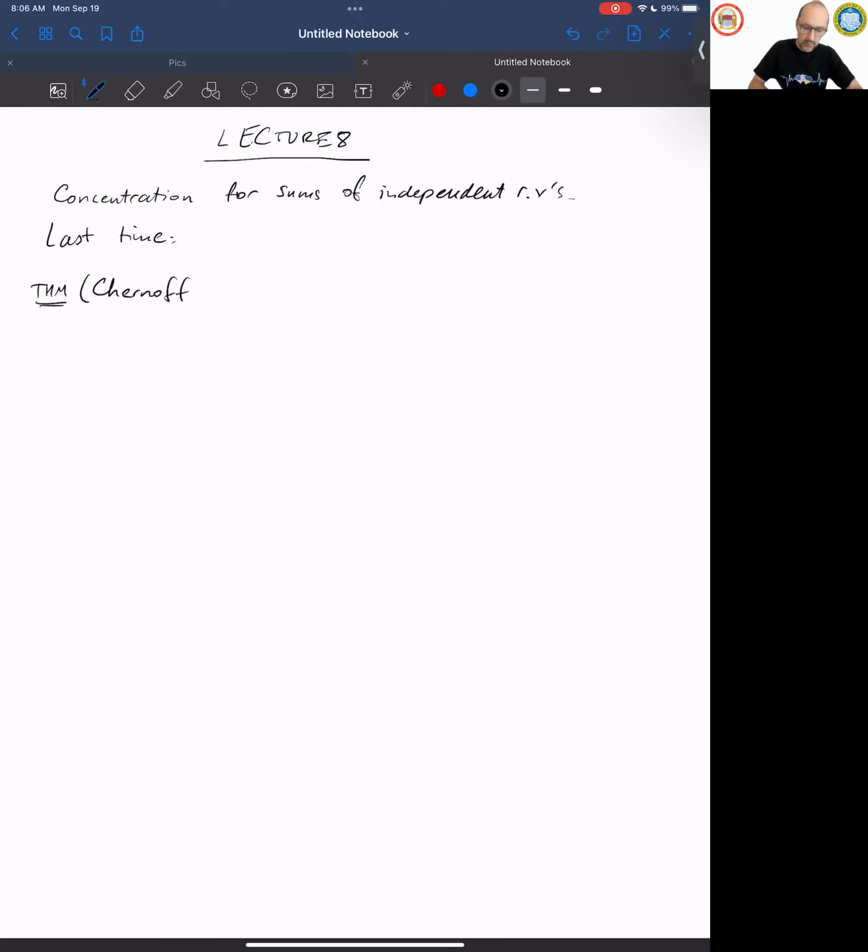Chernoff inequality applies to sums of 0, 1 random variables. So we called them Bernoulli pi. And the notation simply means that xi takes value 1 with probability pi, and value 0 with the remaining probability 1 minus pi.